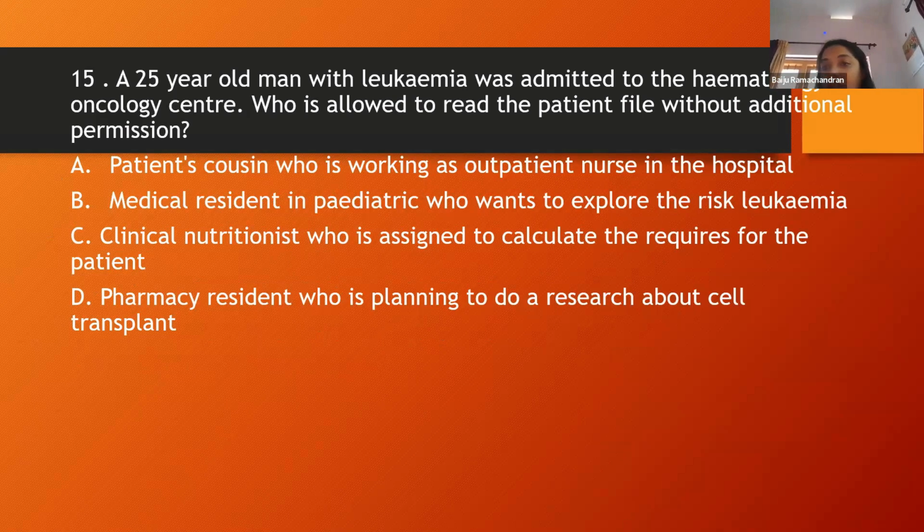After taking permission, they can do it. Then the pharmacy resident who is planning to do research is also thinking about this disease, and they can take this file because it is related to leukemia and everything needed for their study can be in this patient's file, but after permission. So the only person who can take this file without permission is the clinical nutritionist, as she is assigned to calculate the requirements for the patient's needs. Okay.